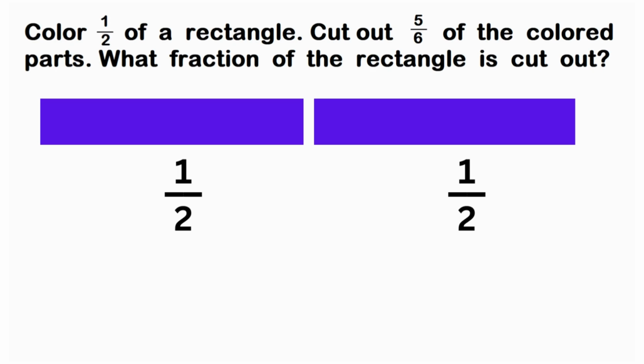Since the second statement says 5/6 of the colored parts, I will first divide this rectangle by 6 per figure. So this one half, I will divide by 6.